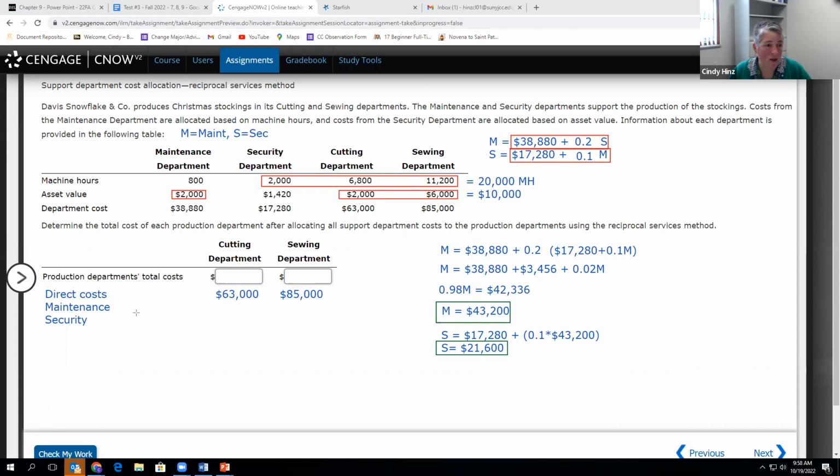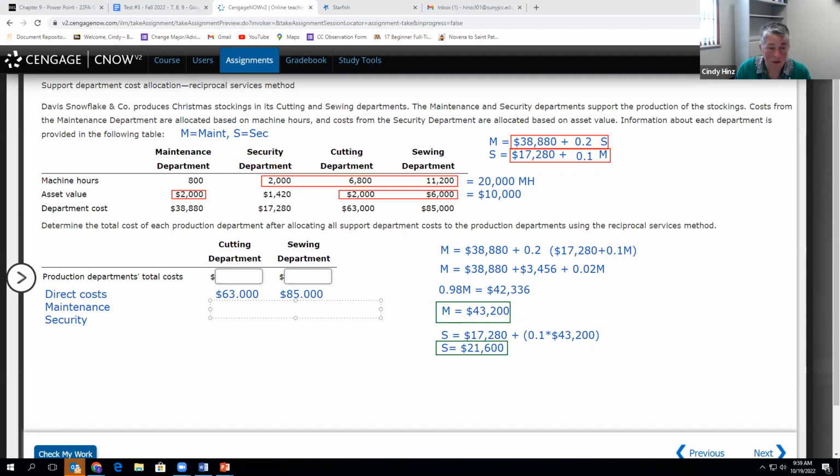We now need to take those and allocate those to the cutting and sewing departments. This is going to look just like a direct allocation that we did in our first exercise. The maintenance department is allocated based on machine hours. The cutting department has 6,800 machine hours out of 20,000. 6,800 divided by 20,000 is 34%.